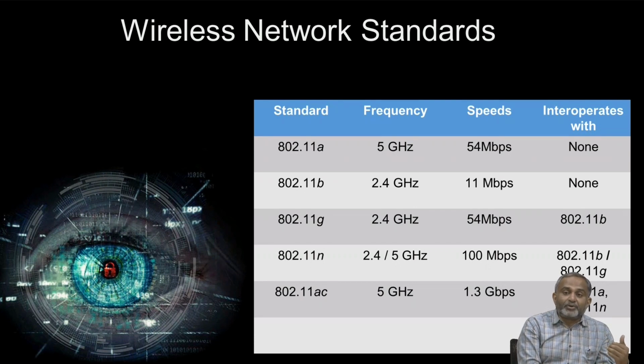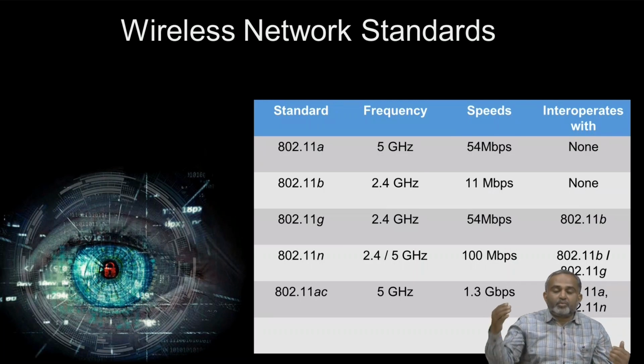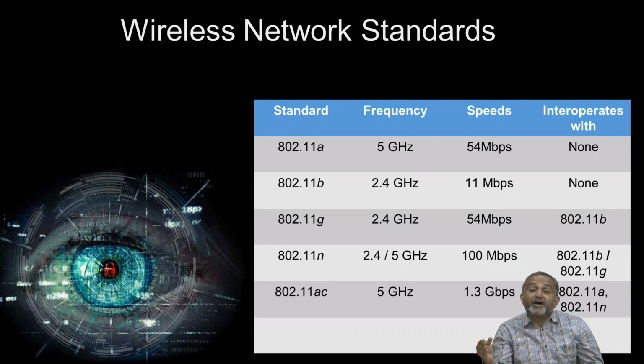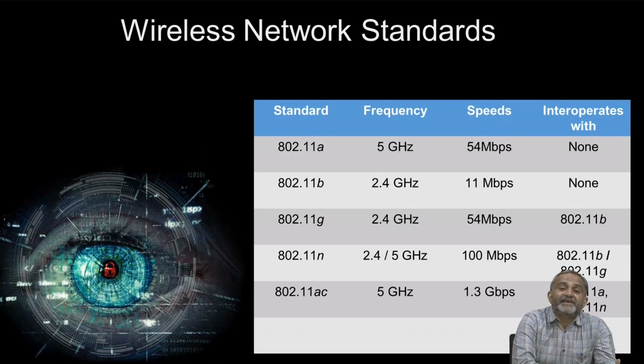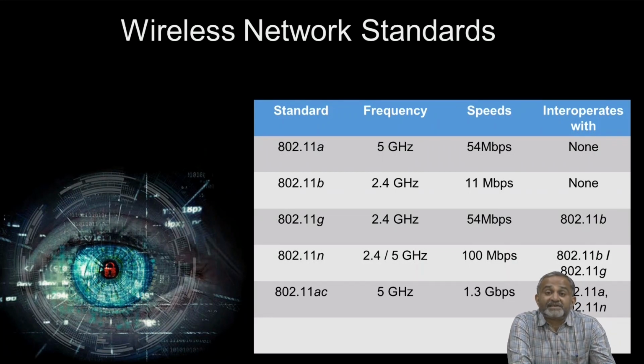A user might not be able to connect from one company's device to another user who is using another company's device. So to overcome this kind of issue, the IEEE has released the standards, and based on these standards a user can get an idea about the functionality of a particular device. In other words, these are the innovation phases.